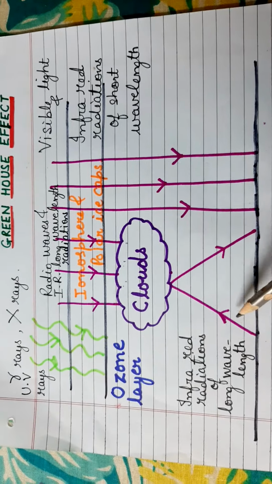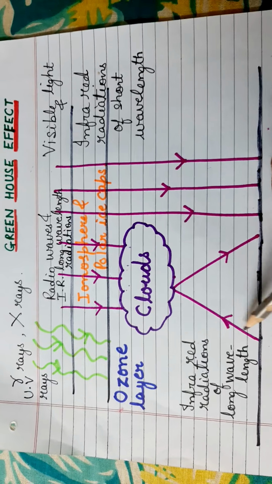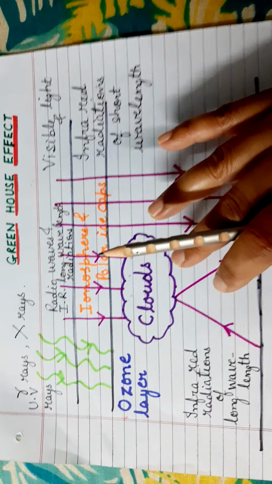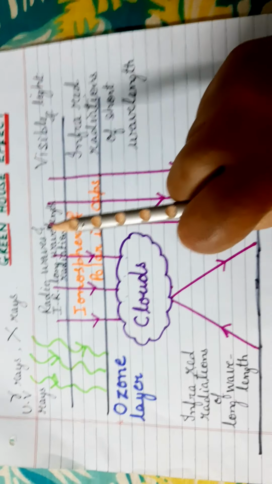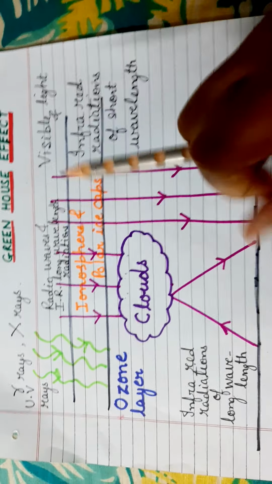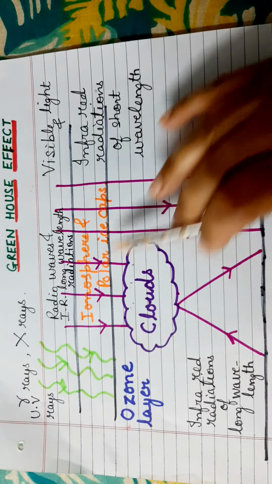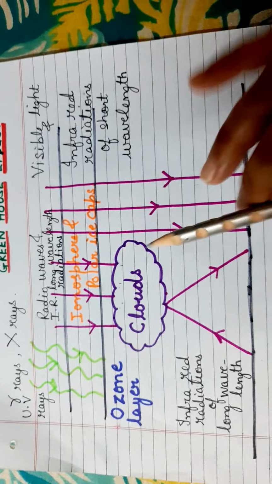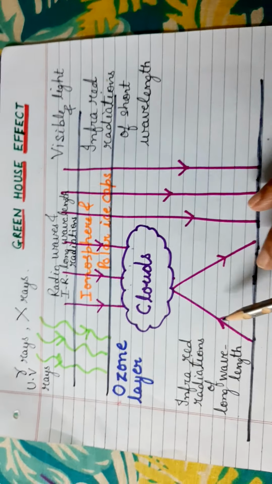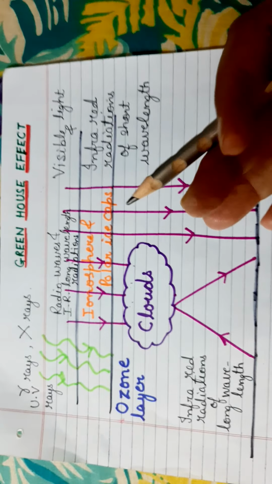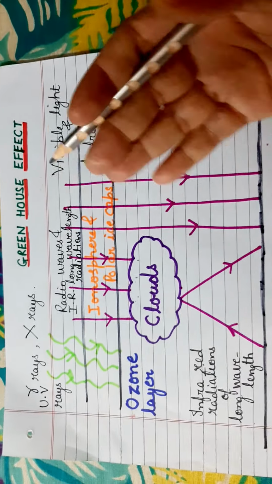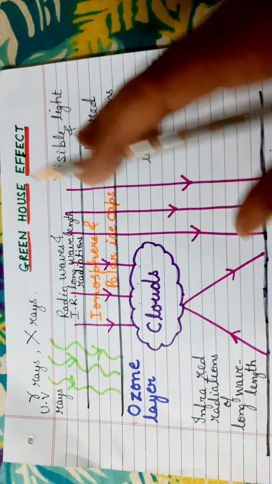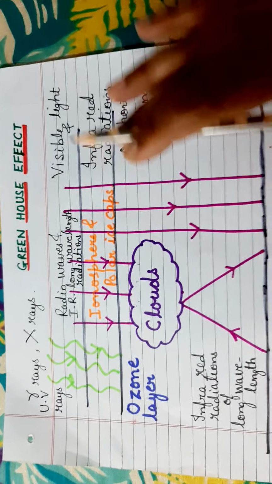The infrared radiations which are going to get reflected back are stopped or trapped by the envelope of these gases formed around the surface of the earth, and that causes an increase in temperature on the surface of the earth, leading to the greenhouse effect. Okay, children. So you should remember this, that the greenhouse effect is caused due to some gases.